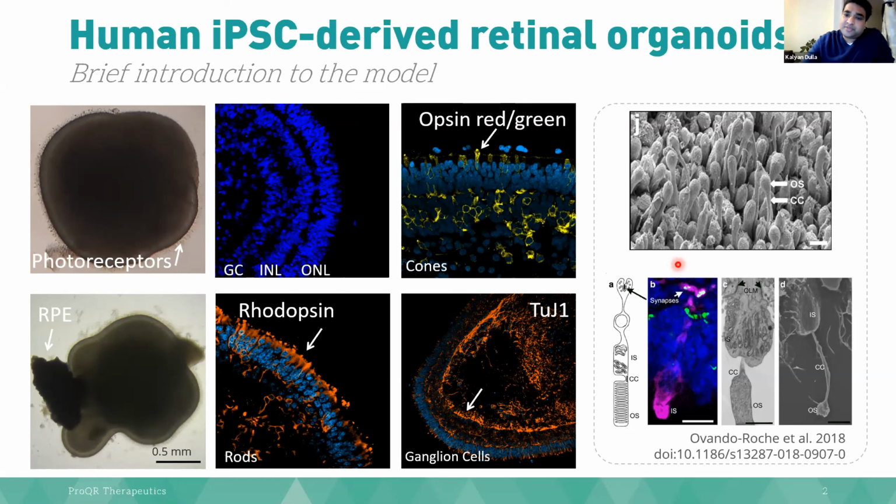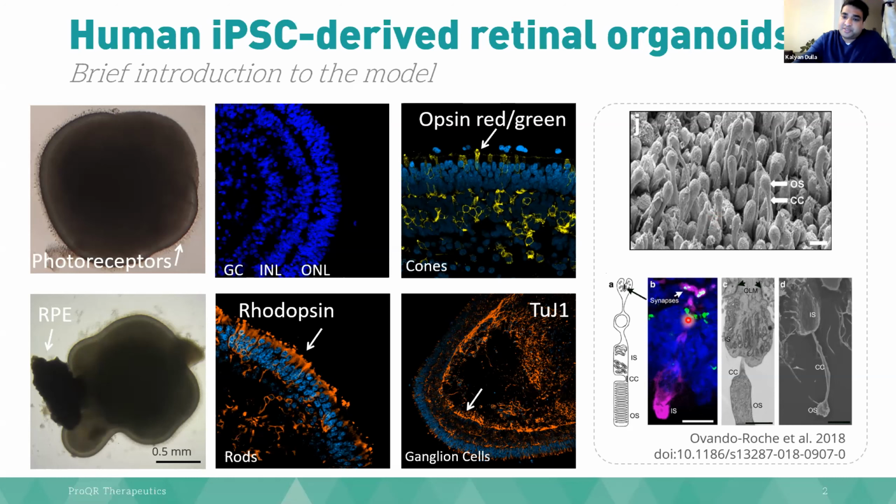I have borrowed some nice electron microscope images of these retinal organoids from Ovando Roche et al. This is the surface of the retinal organoid, displaying the inner and outer segments and the connecting cilium. In organoids, they do form synapses.